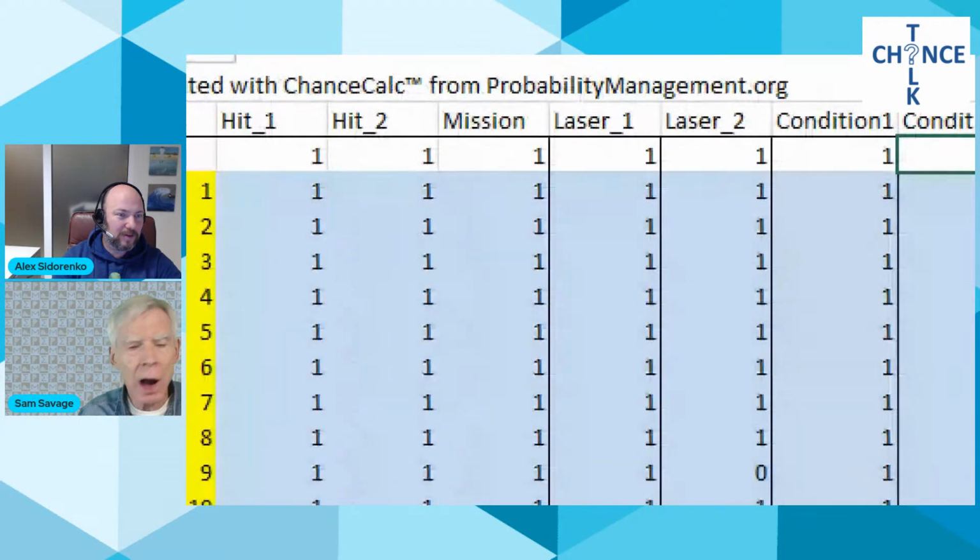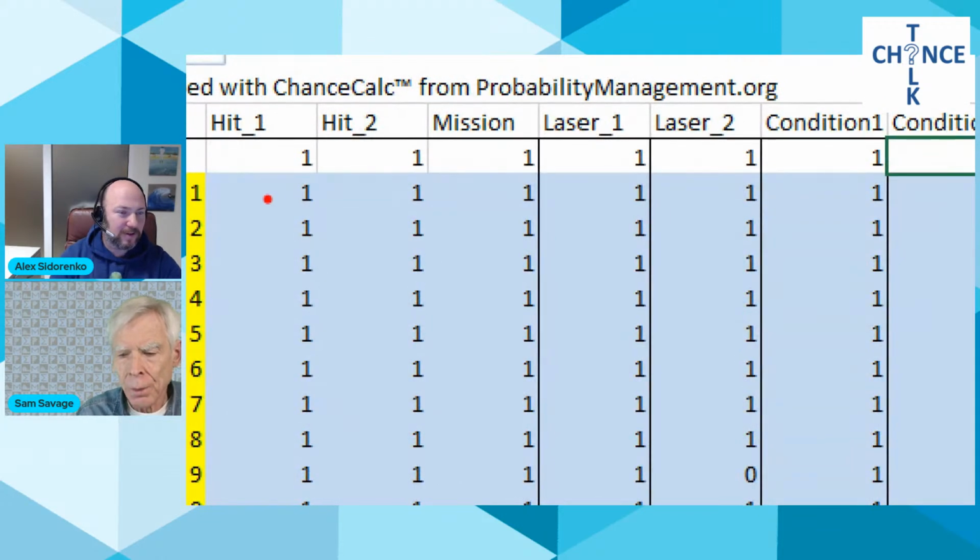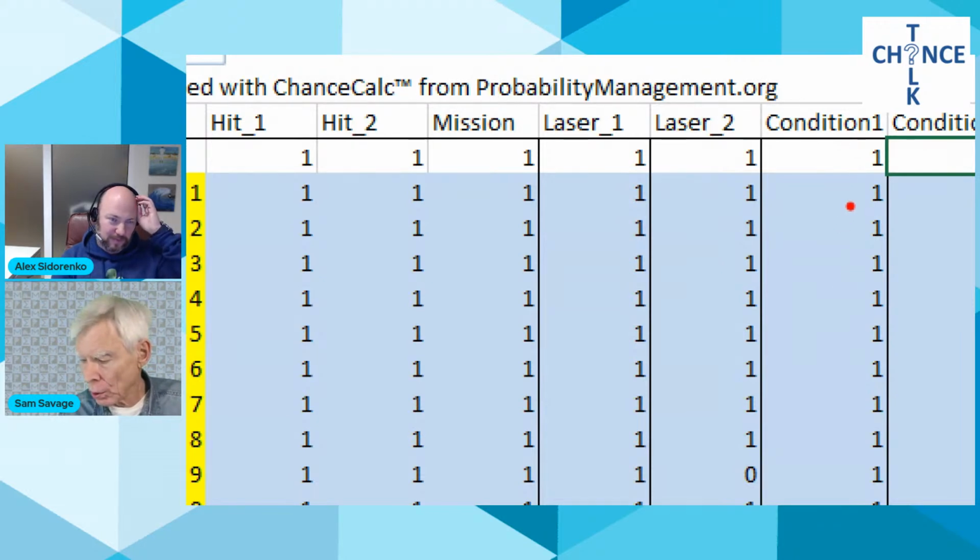As I look at every trial, we hit target 1, we hit target 2, there'd be a 0 otherwise, right? The mission was successful. Laser 1 worked, laser 2 worked. The condition held.